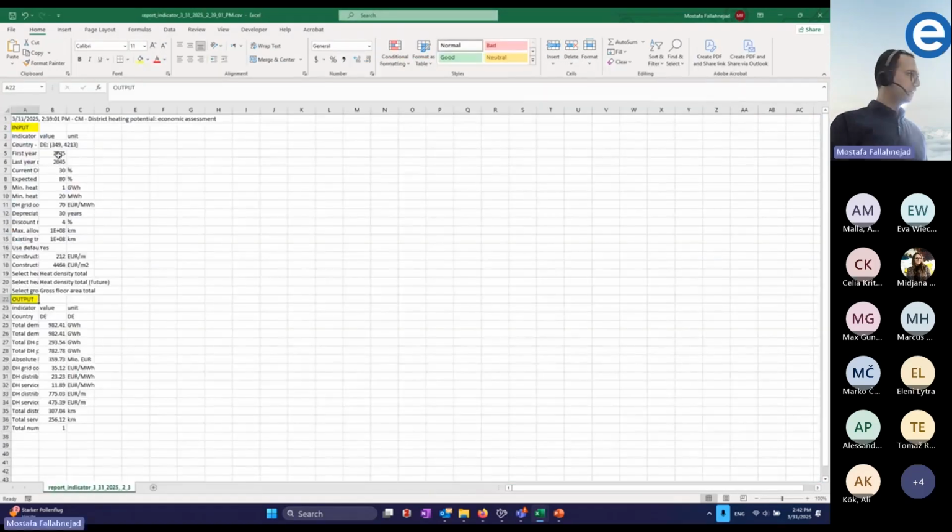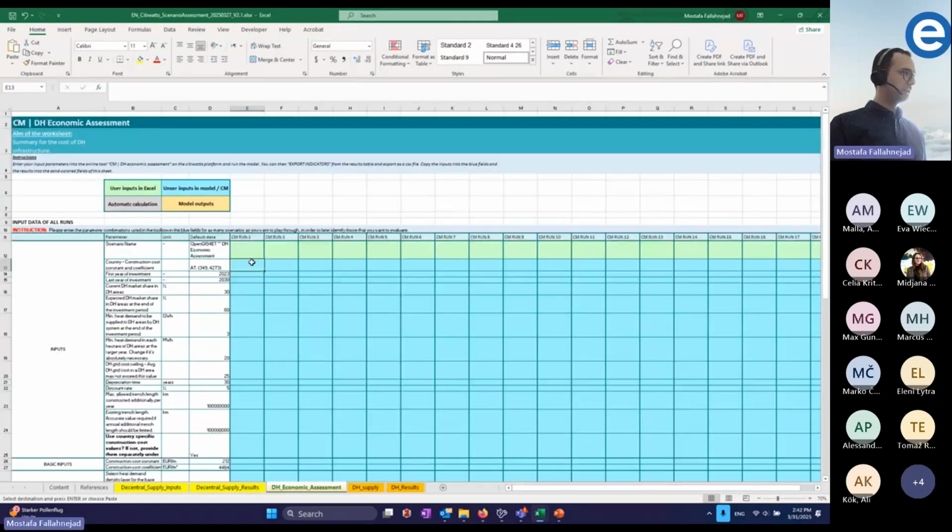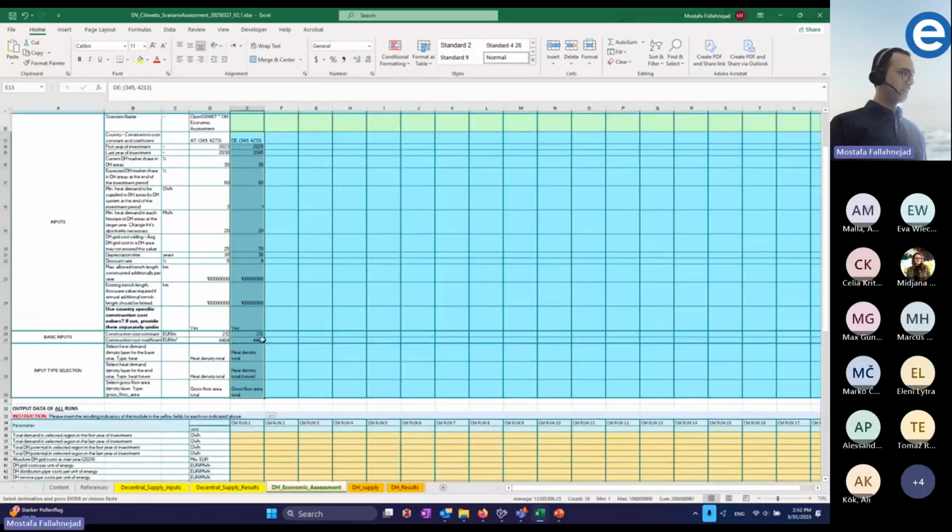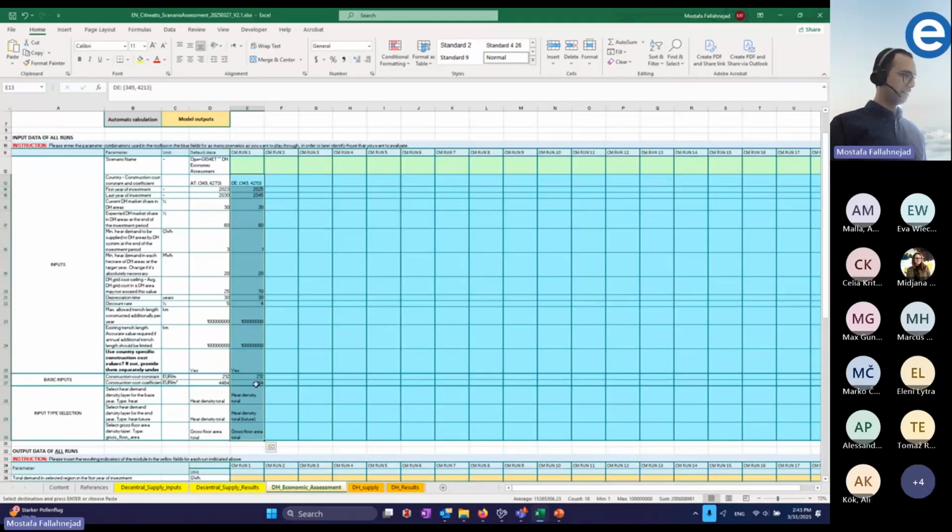What I need to do is just pick the values from the input parameters. I just copy them, Control C, and come here and paste the values directly here. As you can see, it fits exactly to what I have. For comparison, I can also check with the default value if there is a mismatch, so everything looks fine.